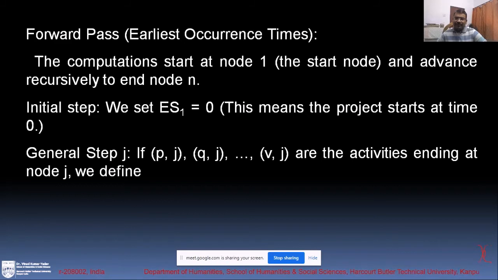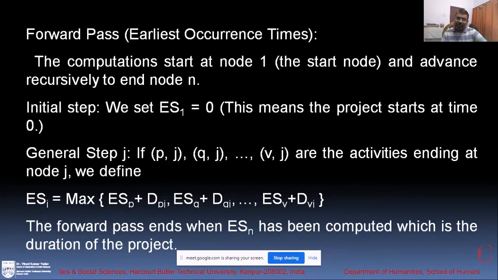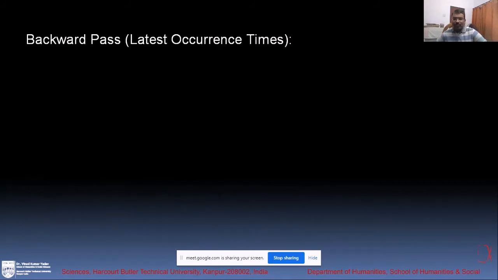So P comma J, Q comma J or V comma J are the activities ending at the same node J, and we define ESJ as the maximum of ESP plus DPJ, ESQ plus DQJ, and likewise. So we keep on adding the duration of the next activity to the earliest start time, and the forward pass ends when ESn has been calculated, which is the duration of the project.